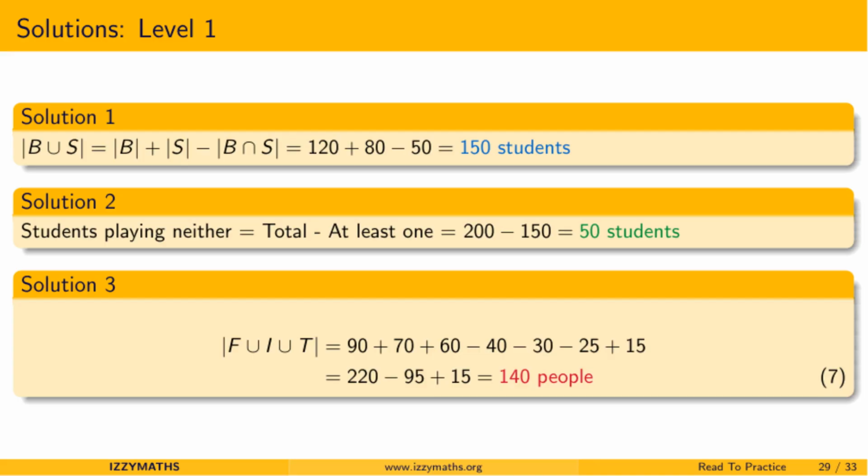Solution 3. The absolute value of F union I union T equals 90 plus 70 plus 60 minus 40 minus 30 minus 25 plus 15, which equals 220 minus 95 plus 15 equals 140 people.